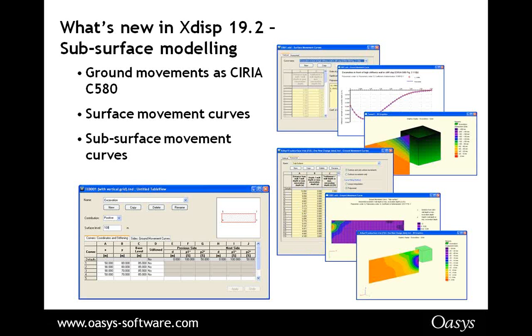So you could use inclinometer data to create a curve, and you can validate it using finite element analysis. Alternatively, you could use either finite element analysis or site data. The benefit of this update is it gives you more realistic subsurface movements. Once you've considered numerous excavations, there's actually quite a complex analysis that ExeDisp does for you in a fairly simplistic way.